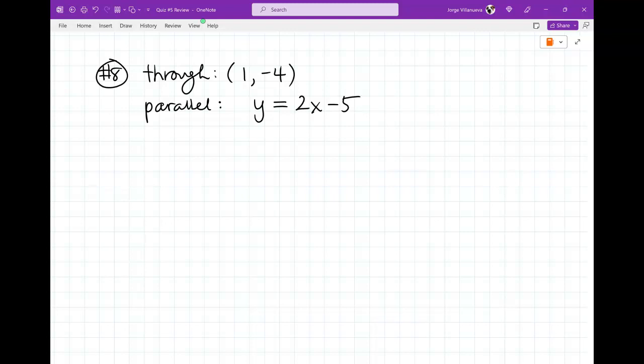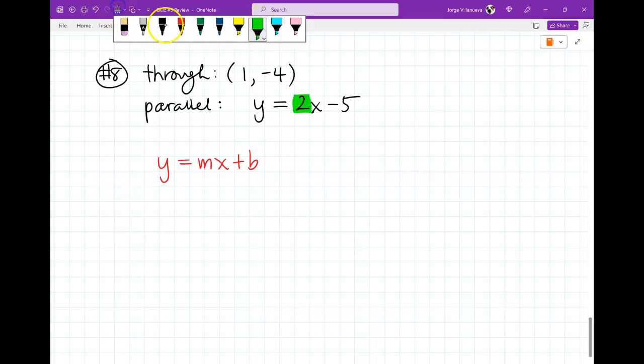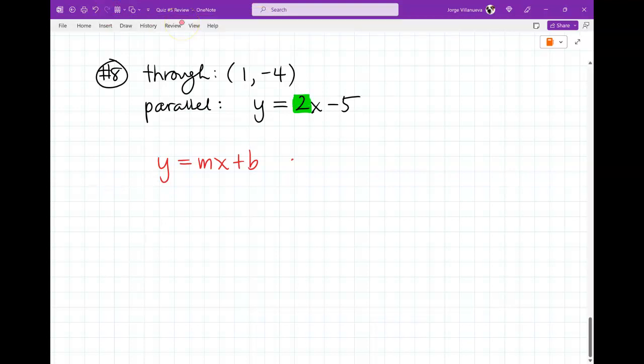Now here I'm asking you to write the equation of a line in slope-intercept form, so y equals mx plus b. But this line has to be parallel to the line I'm showing you. What's the slope of this line right here? 2. That means my slope has to also be 2.